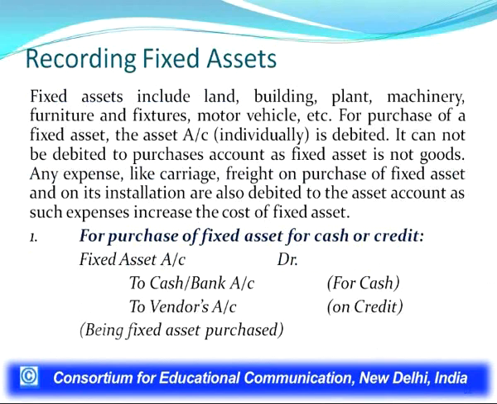Next we will see recording fixed assets. Fixed assets like furniture, machinery, plant. Whenever we are buying any such asset, the asset account is to be debited because increase in asset is debit. For that purpose, we could pay in cash, so to cash account, or if it has been purchased on credit basis, then to the vendor's account.